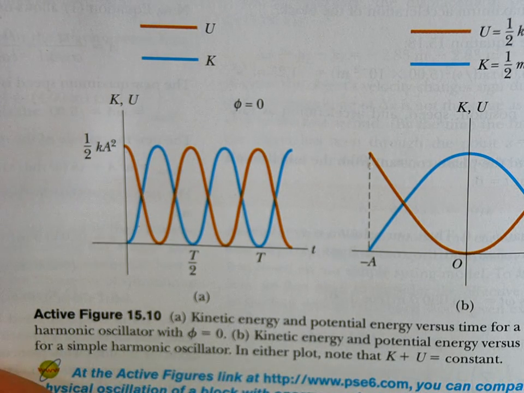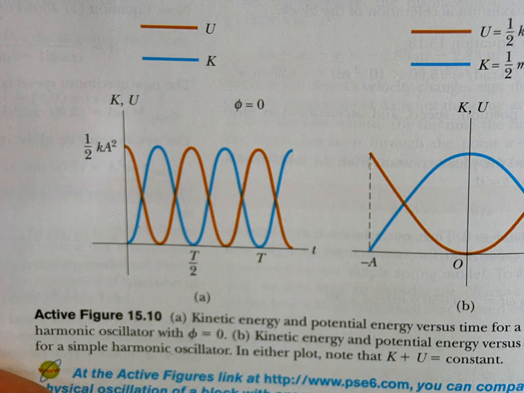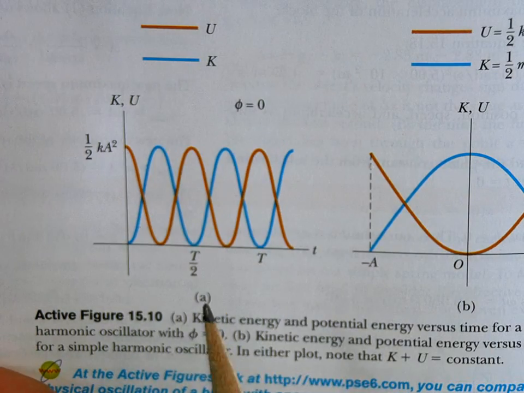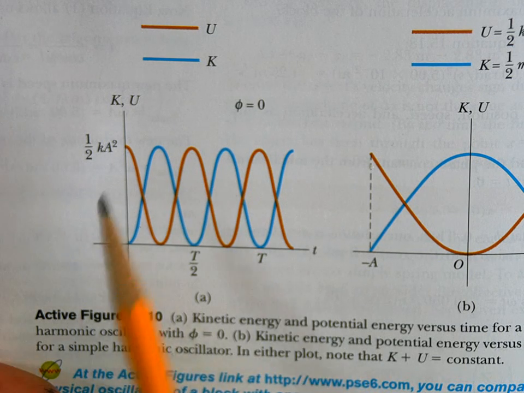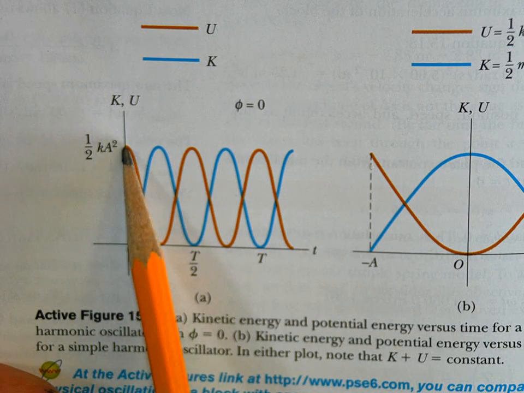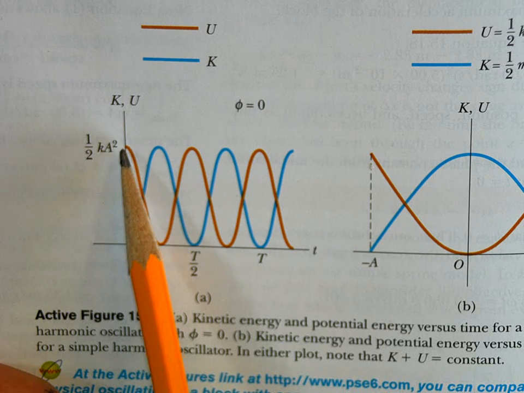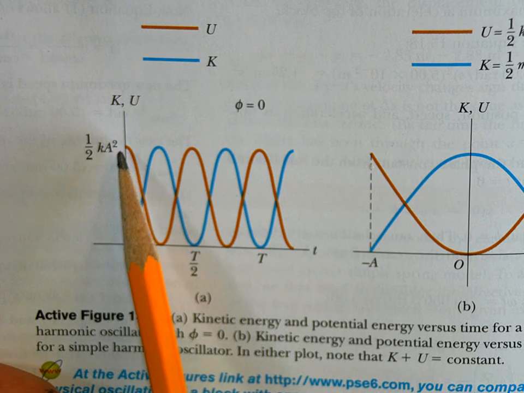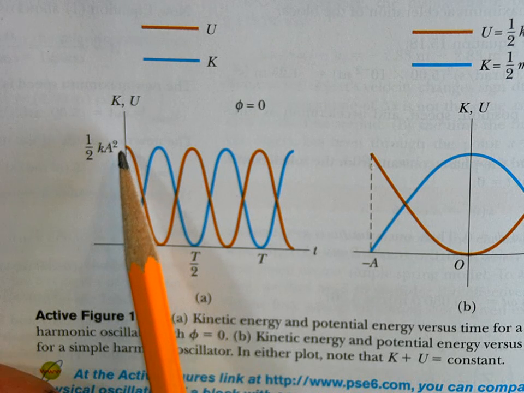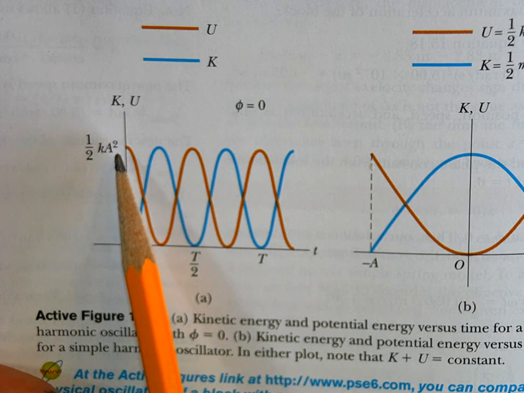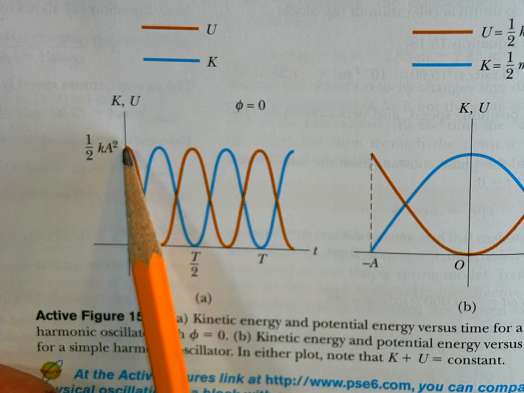At t equals 0, let's suppose that we're starting at the maximum displacement. Well, at t equals 0, I'm starting at 1/2 Ka squared. I'm starting at x equals a, and I'm releasing it. Now what happens is this. Let's just look at the potential energy. The spring moves towards the equilibrium position.